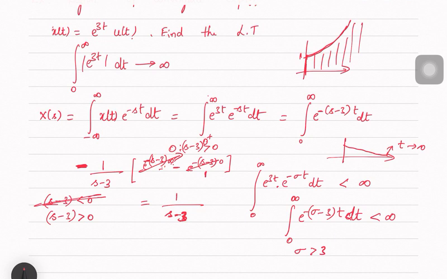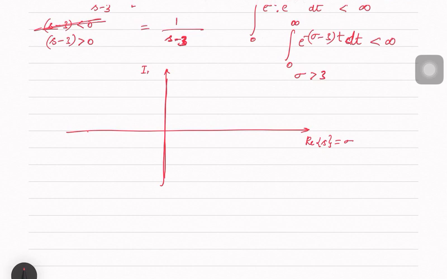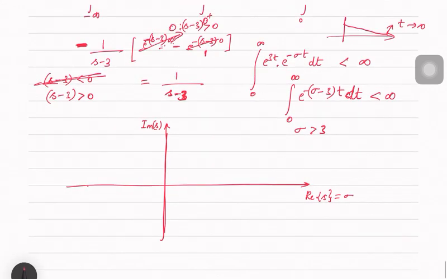So if you draw the complex plane, this is the real part of s, which is the sigma axis, and this is the imaginary part of s, the j omega axis.